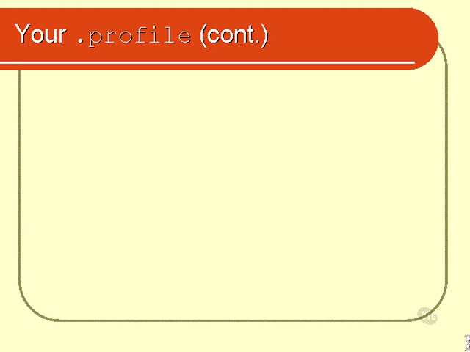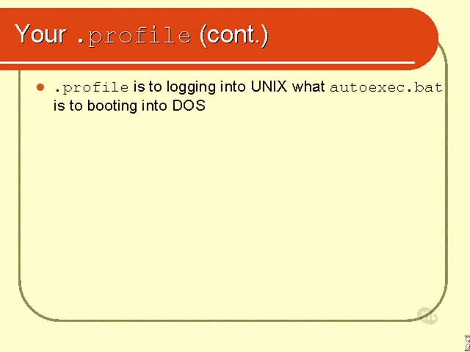Just a little bit more information about your .profile. If you're familiar with autoexec.bat from DOS or even Windows, but mainly DOS, you will discover that .profile is to logging into Unix what autoexec.bat is to booting into DOS. They are equivalent. They are simply a set of commands that you wish to have executed every time something occurs.